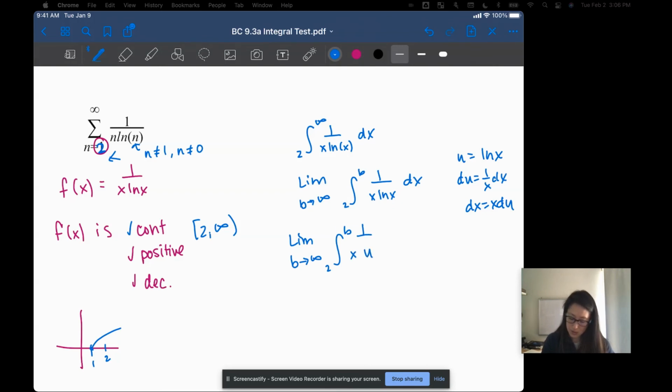Oh, we need to change these to u of b and u of 2, because we changed into terms of u. So we have du times x. My x's are going to cancel, leaving me with the limit as b approaches infinity of the integral from u of 2 to u of b of 1 over u du.